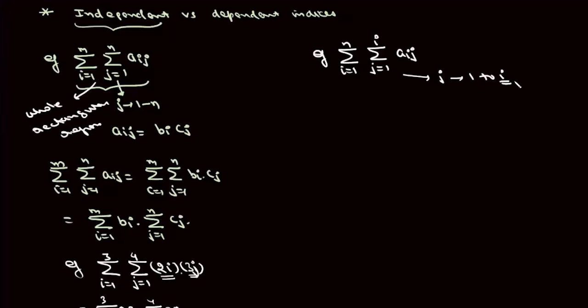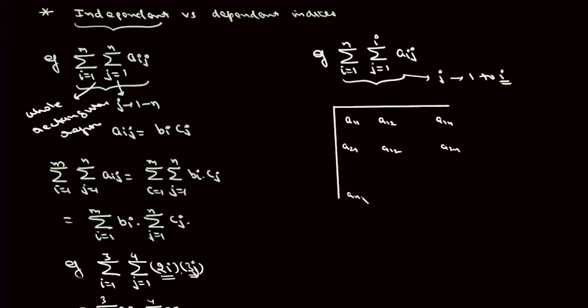Now in order to process this, we have to understand which lattice points on the grid we are talking about. If we have this n cross n grid, so this is a11, a12, a1n, a21, a22, a2n, and an1, an2, ann. Now we are taking the first one as i, and this is j.